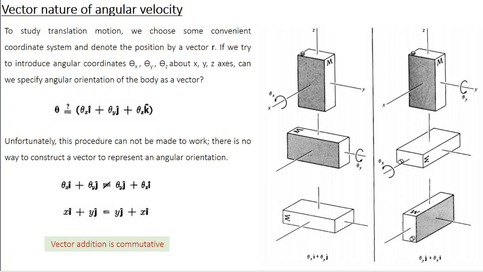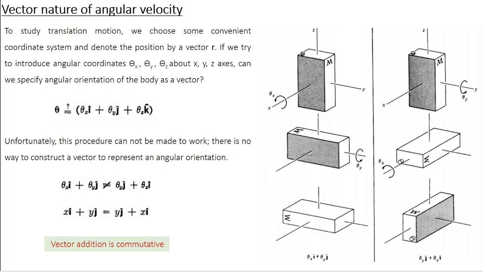If you look at translation motion, to study the translation motion or linear motion of any system, what we do is first choose a convenient coordinate system, then denote the position of the object by a vector r. So r is known as the position vector. Once you identify the position vector, all other relevant parameters can be described in terms of it.